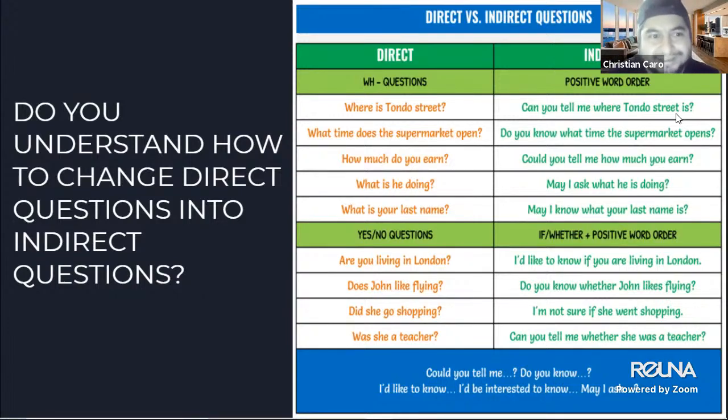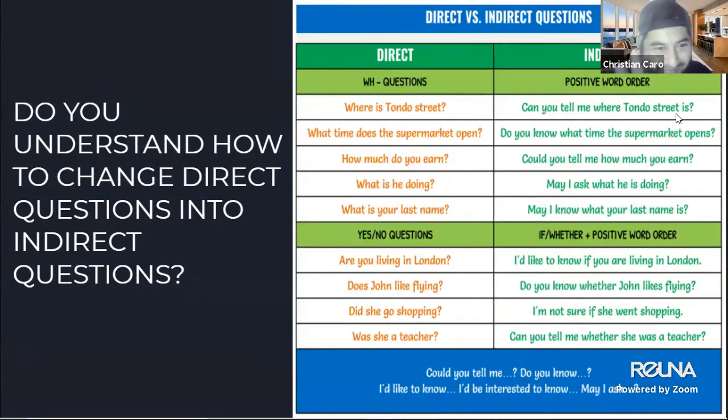Pragmatically, it's not that important. But if you're going to be an English teacher, and everybody knows that you're an English teacher, and you say, can you tell me where is Tondo Street? Everybody will be like, what? They would freak out, they will crucify you. So I don't want people in society to crucify you because you're saying, can you tell me where is Tondo Street?